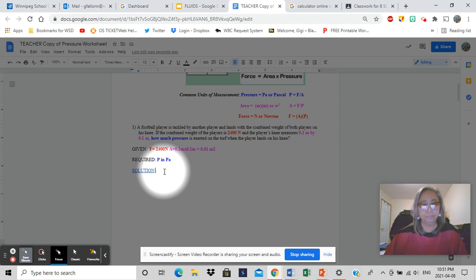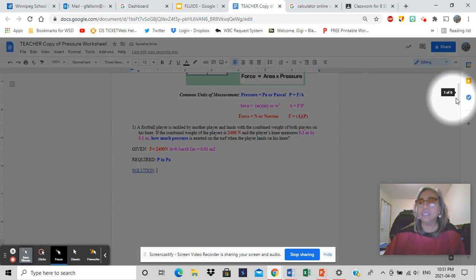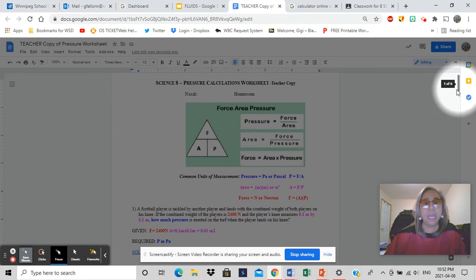So solution. You always start with a formula. So look at the triangle. You're looking for P, so I need to cover the P here.